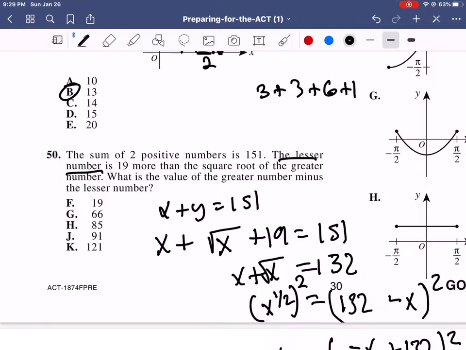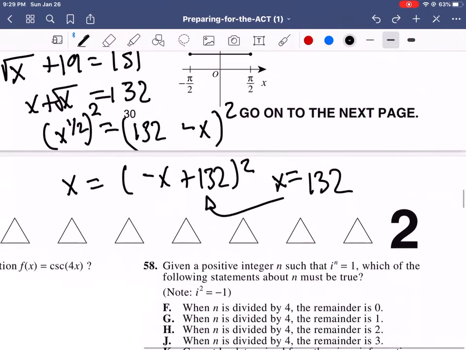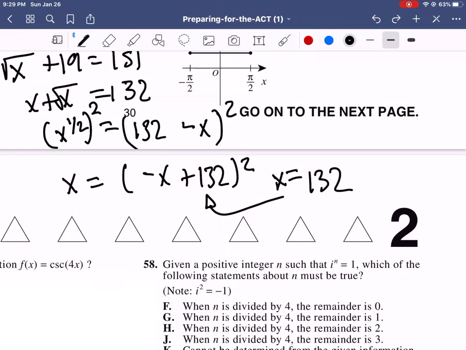The greater number is 132. So the lesser number is 19 more than the square root of the greater number. So, this ain't working out so well. Screw it.